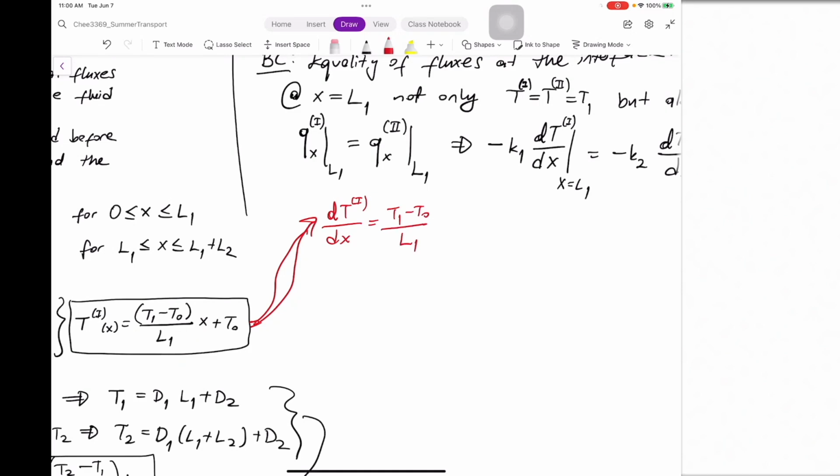It's not changing with x. So at X is equal to L1, it's also this one. So it's everywhere this value.